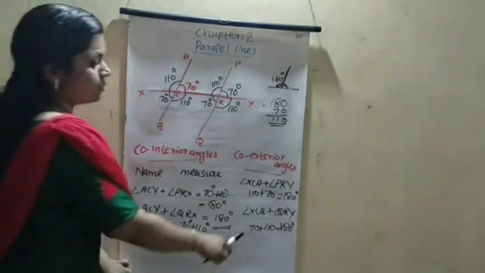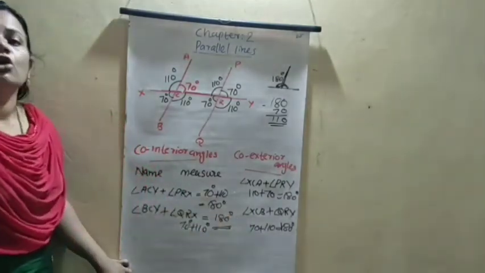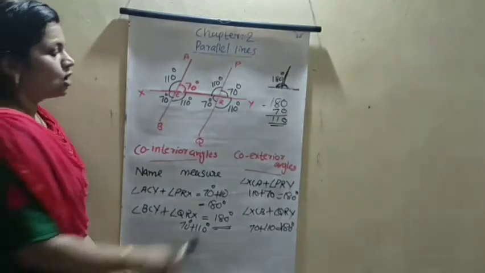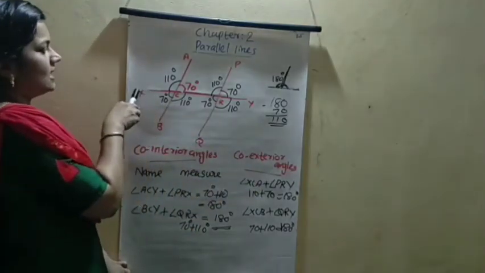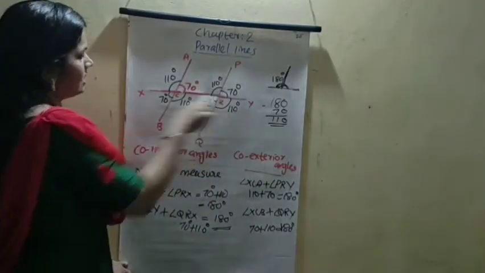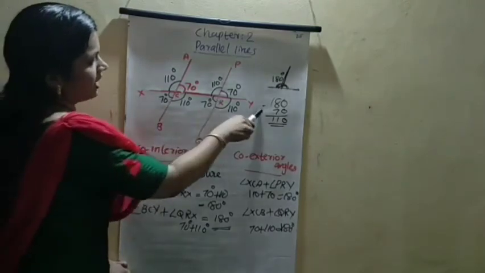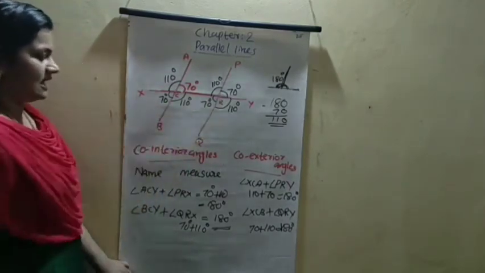Both are the same. So the co-exterior angles, outside, are XCA and PRY, and XCB and QRY.